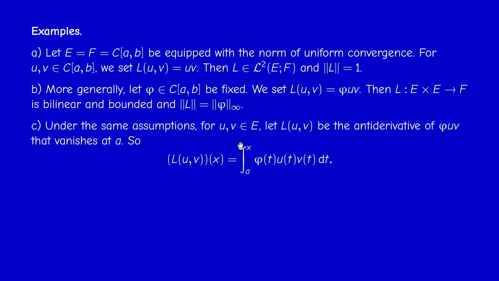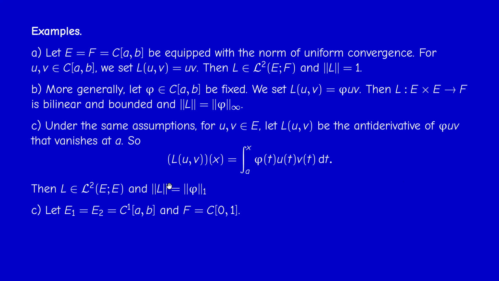So L now is a bilinear map from E times E into E. We encountered this before, but we just had one variable. So here we have two variables. So this is bilinear bounded, and you may prove, if you use the same arguments as in the previous video, that the norm of L in the space is just the norm 1 of phi, which is the integral from a to b of the absolute value of phi of t. It's not totally trivial, because once again you have to prove a double inequality.